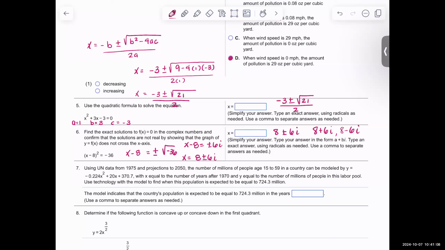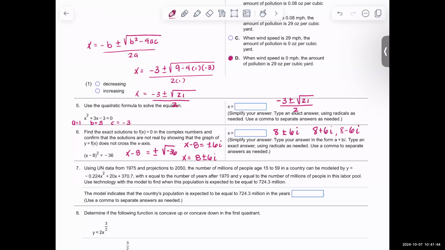Using UN data from 1975 and projections to 2050, the number of millions of people aged 15 to 59 in a country can be modeled by y equals negative 0.224x squared plus 20x plus 370.7, with x equal to the number of years after 1970 and y equal to the number of millions in this labor pool.